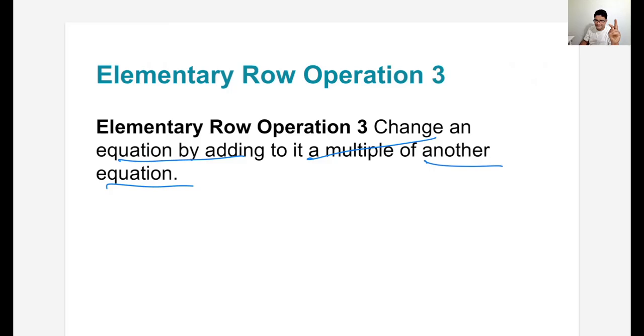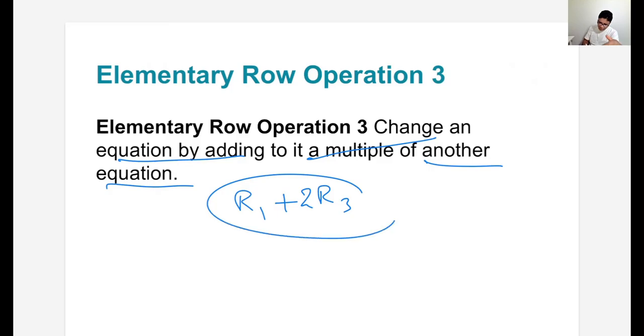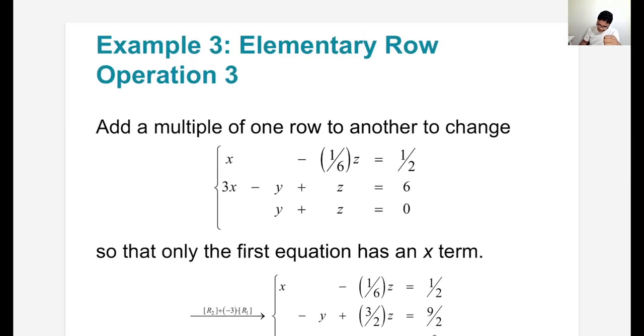You have one row, and you are adding another row, R3. And if you wanted to multiply that R3 by 2 first and then add, you can combine them together and write like that. That is the third row operation.